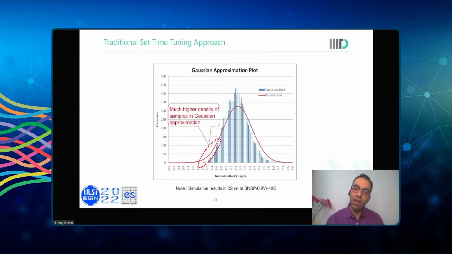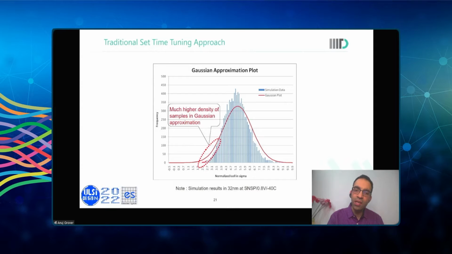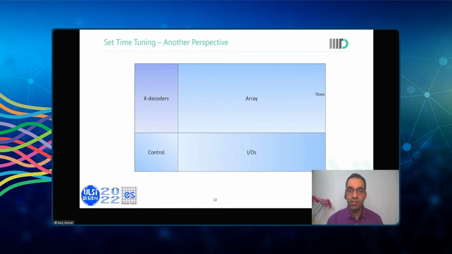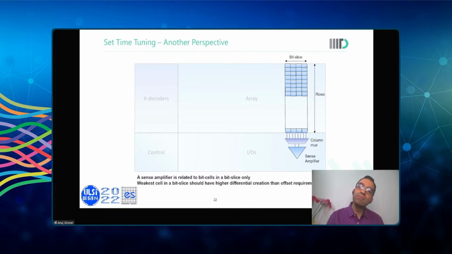So in our team, we actually observed that the distribution, this edge which we have assumed Gaussian till now, is actually not Gaussian. And in fact, we could actually achieve better yield than what the Gaussian assumption gives us. Therefore, we need to go into advanced statistics of what is called extreme value theory and look at what is the minimum current in a particular bit slice that is engaging with a sense amplifier.